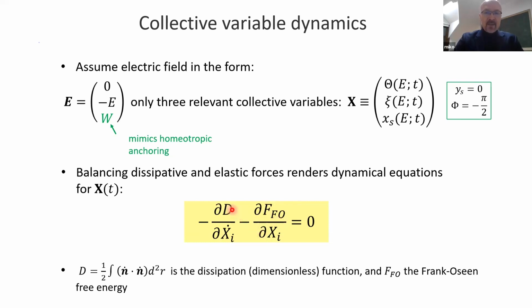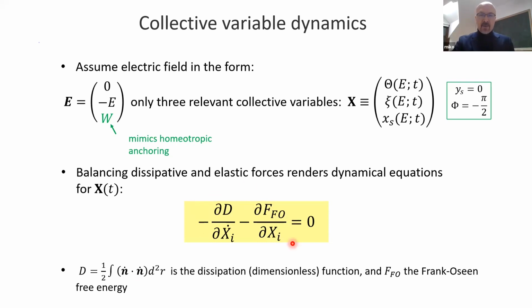We need to take this dissipation function, which is given in dimensional form by this simple integral. It's just the integral of the square of n dot. So then you need to substitute the director ansatz into the dissipation function. You substitute the ansatz into the Frank-Oseen free energy. You carry out integration with respect to spatial variables, and then you write the equation for this dynamical variable.